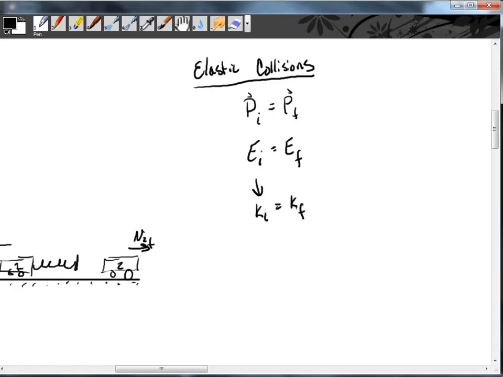That our initial kinetic energy equals our final kinetic energy. So here's the trick. We just established an equation for the initial momentum of the system equals final momentum of the system. And we can pretty much come up with our kinetic energy one. That would be 1/2 mv squared on the left, 1/2 mv squared on the right for each term.